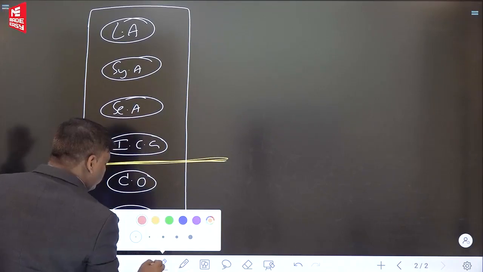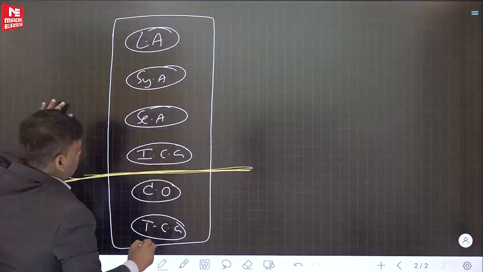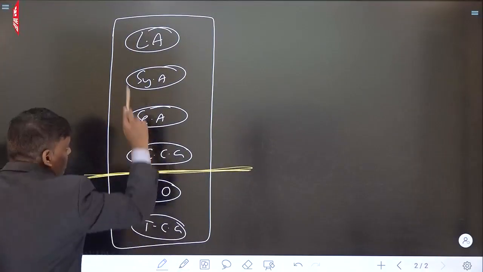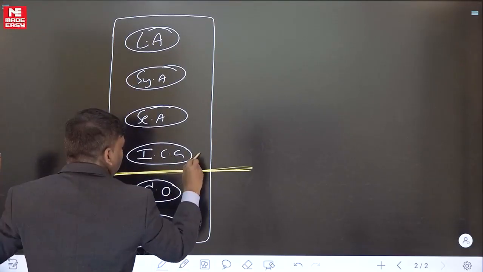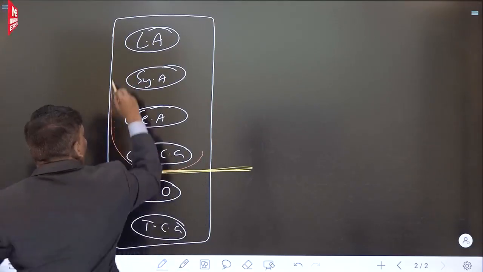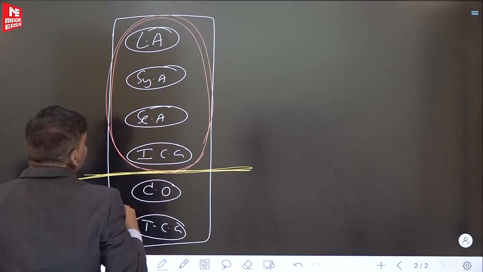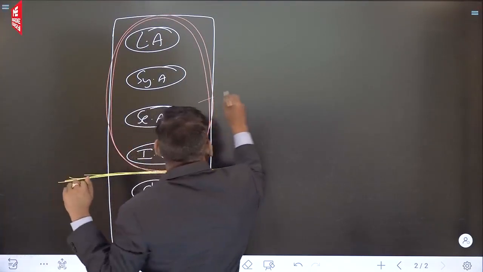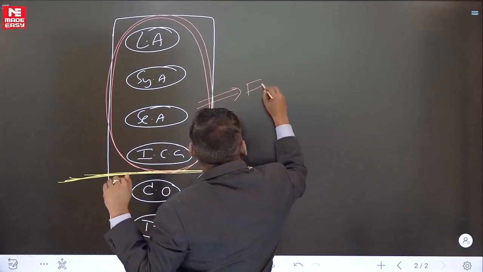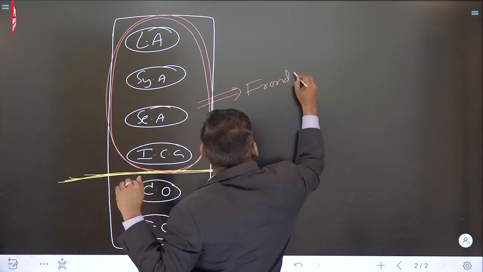Listen to this line also. Total compilation actually contains 6 phases. You know very well. Now see this one, from lexical to intermediate code generation. This is called the front end of the compiler.